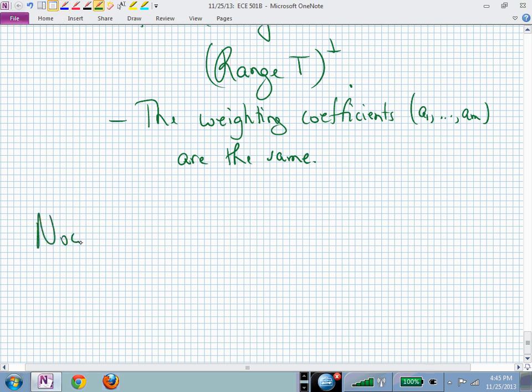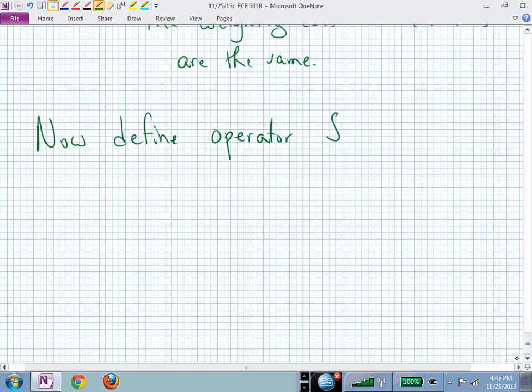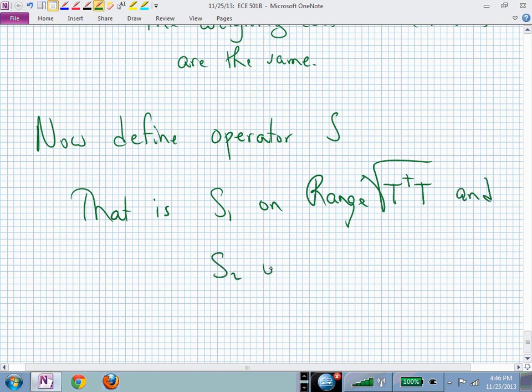So now define S. Let me just call it an operator S. S is going to be S1 on the range of positive square root of T dagger T, and it's going to be S2 on the orthogonal complement to that, or the perp.